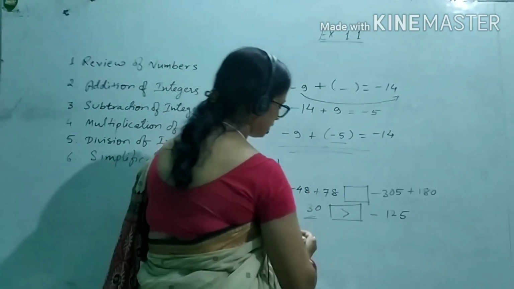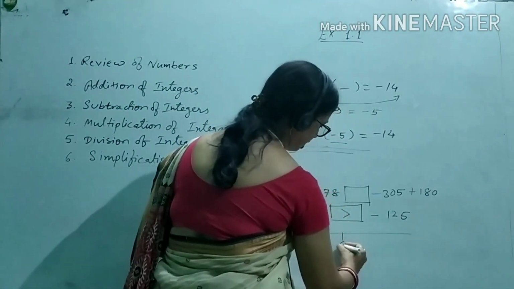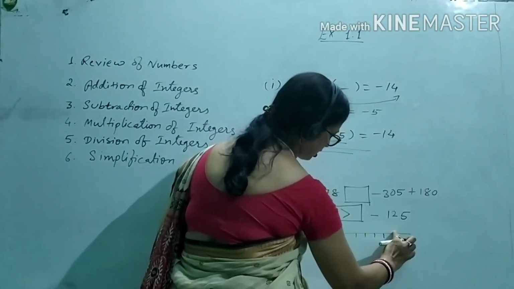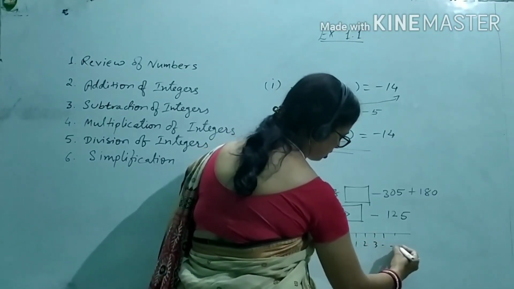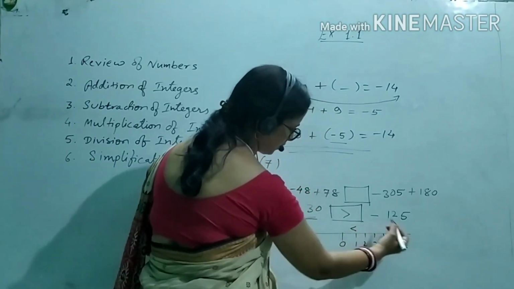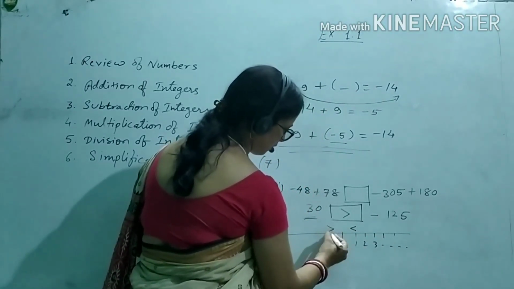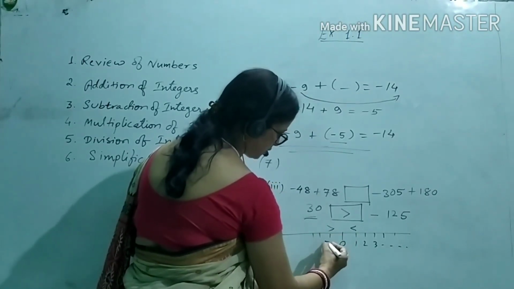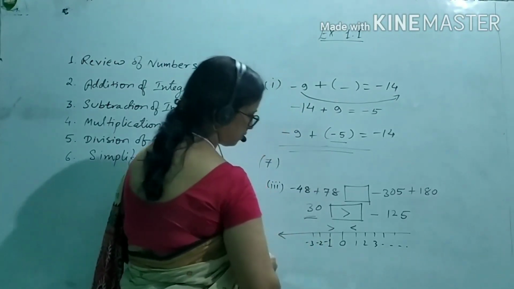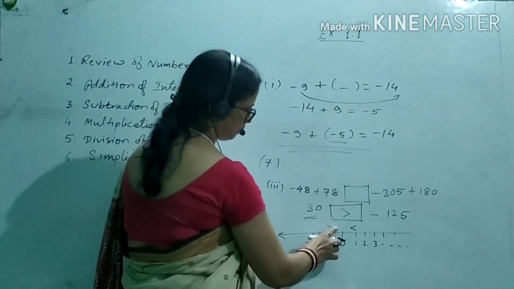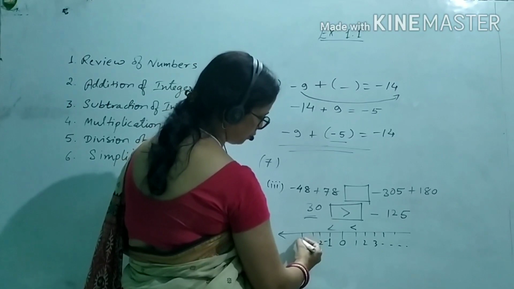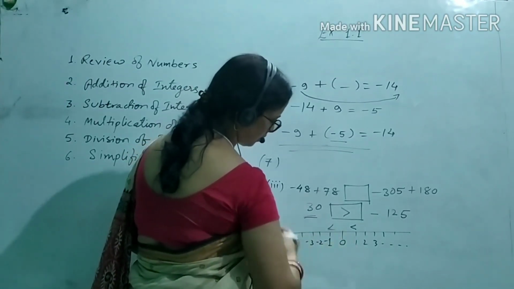As you know, on the number line, when we move towards the right, the value always increases, so these numbers are greater than 0. As we move towards the left, we obtain negative values, which are always less than 0.